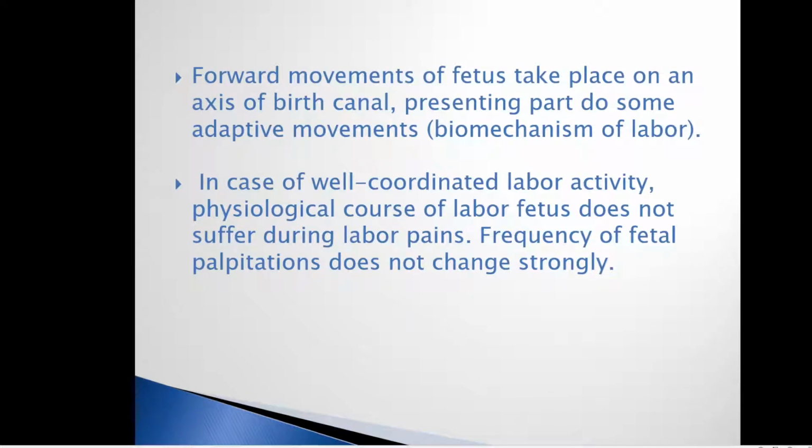Forward movements of the fetus take place along the axis of the birth canal. The presenting part makes adaptive movements. In case of well-coordinated labor activity and physiological course of labor, the fetus does not suffer during labor pains. The frequency of fetal heartbeat does not change strongly.